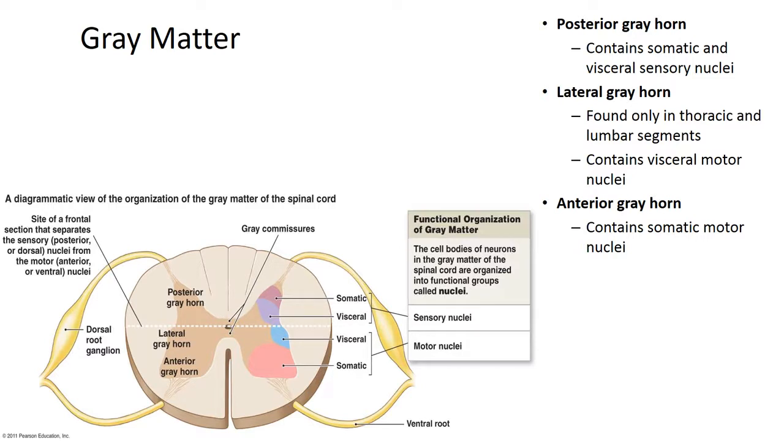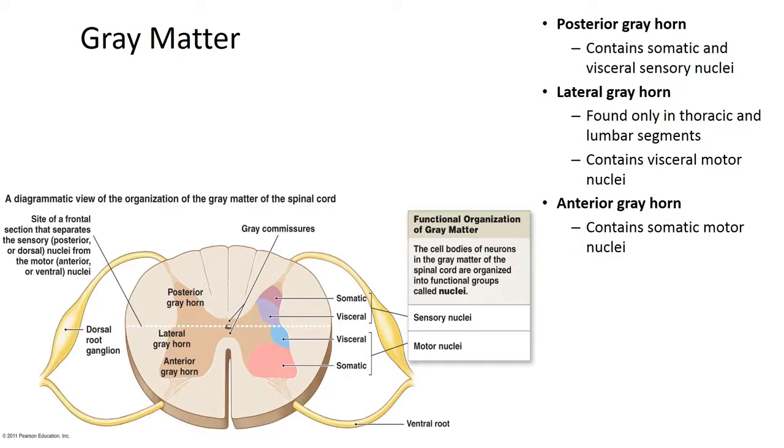The cell bodies of the neurons in the gray matter of the spinal cord are organized into functional groups called nuclei. Sensory nuclei receive and relay sensory information from the sensory receptors of the body to the central nervous system. Motor nuclei issue motor commands to the peripheral effectors.